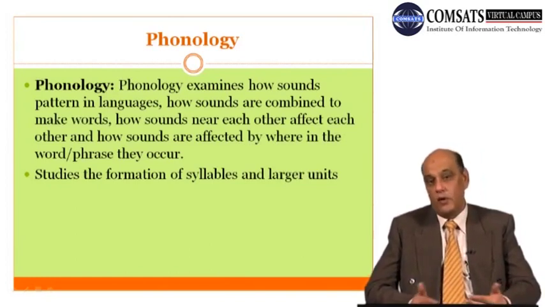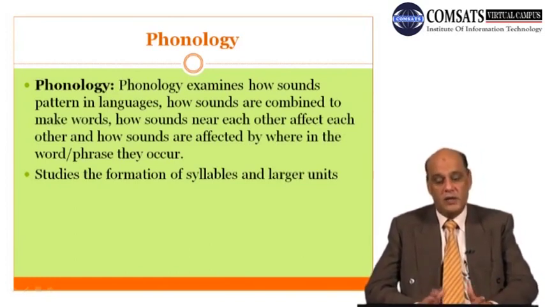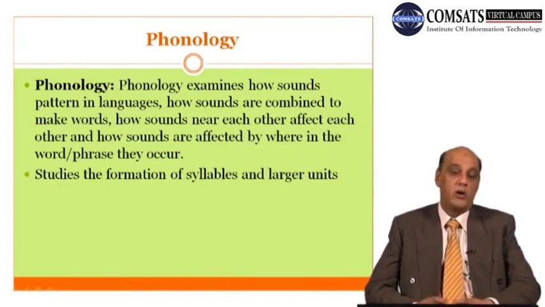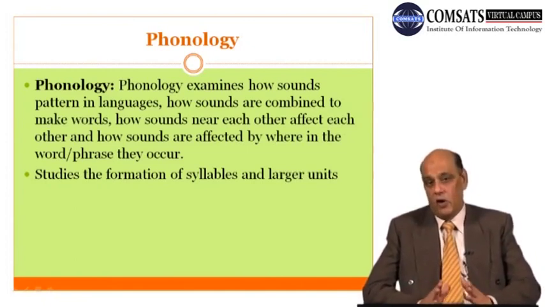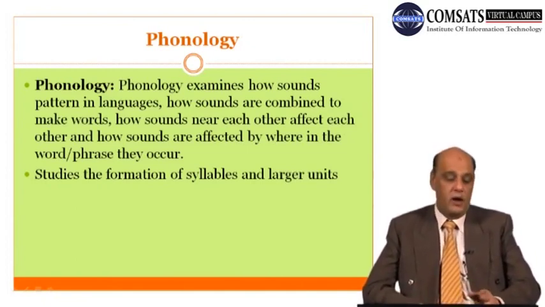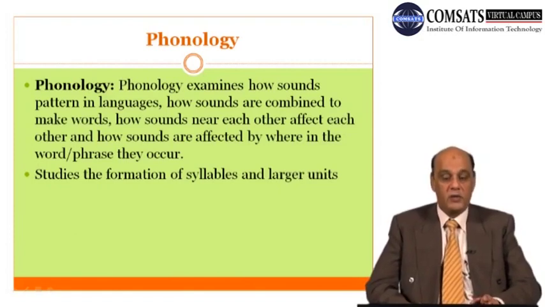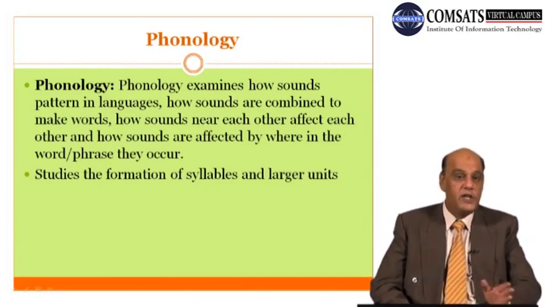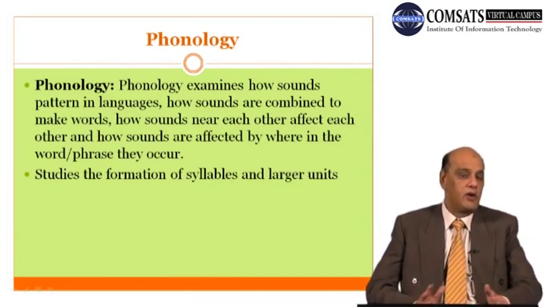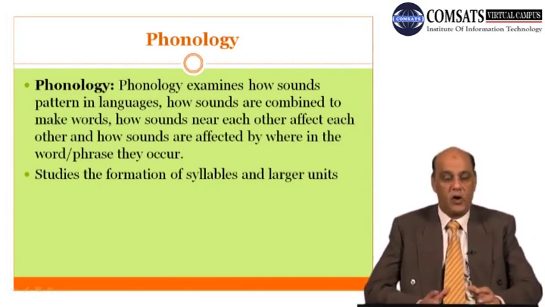Likewise, you have short vowels and long vowels used at different places, and different syllables and different sounds are formed when they are put in different order. So the sounds have an effect on each other when they are put in different order.